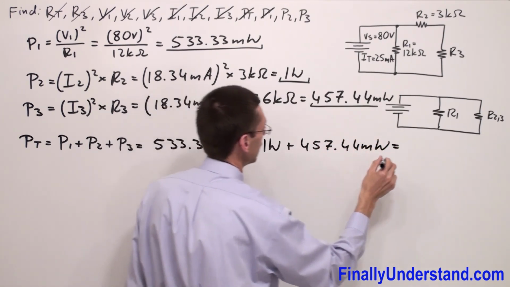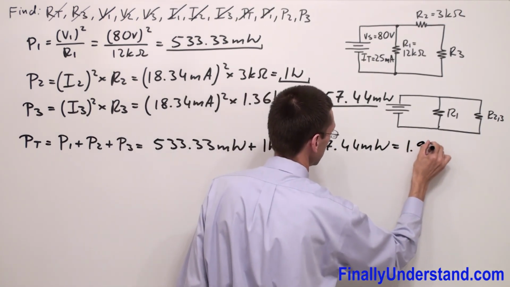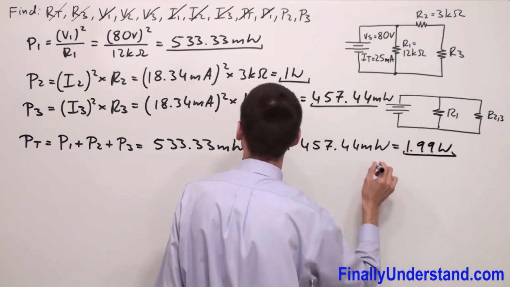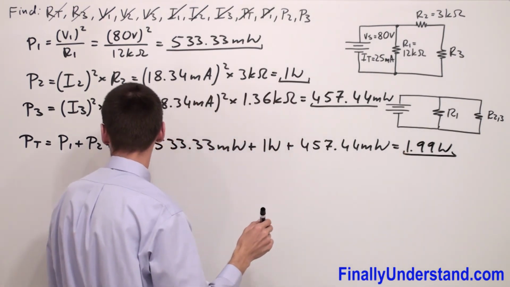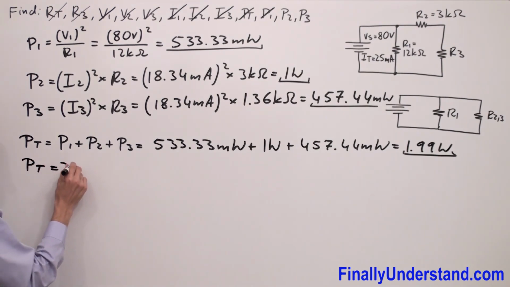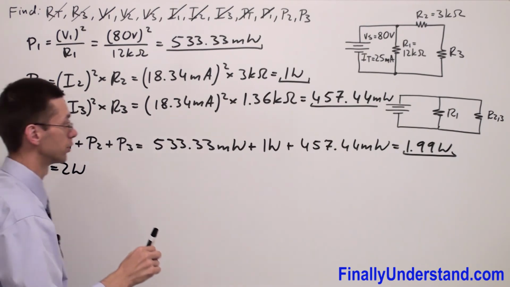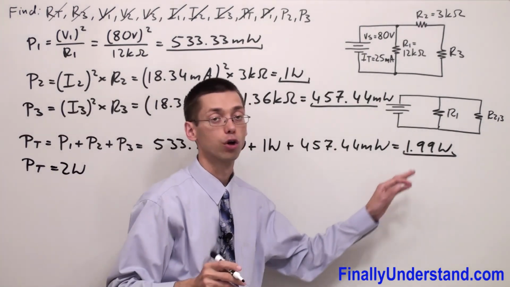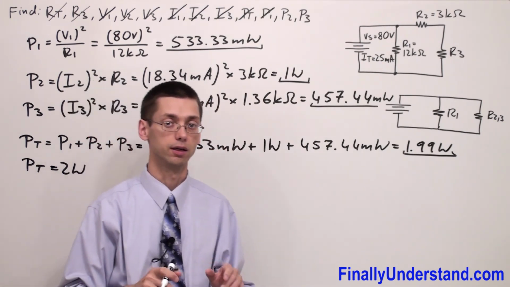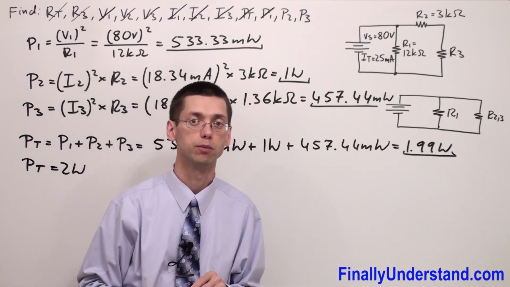Everything is equal to 1.99 watts. Let me remind you that the total power we found before was equal to 2 watts. So as you can see, this value is very close to 2 watts. So it means that the calculations are correct and the problem is finished.